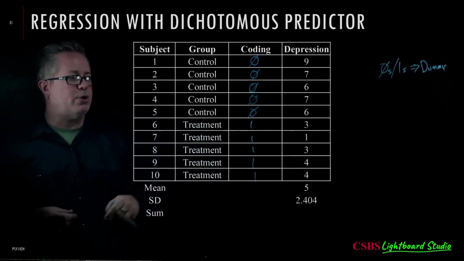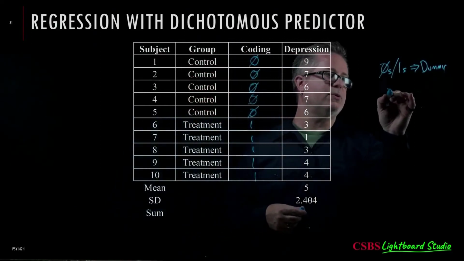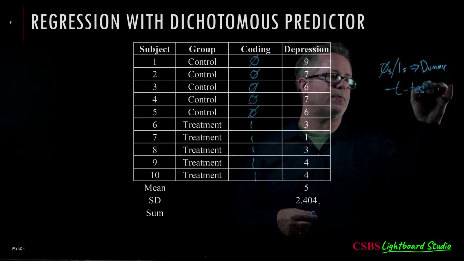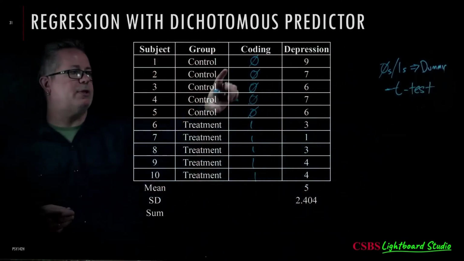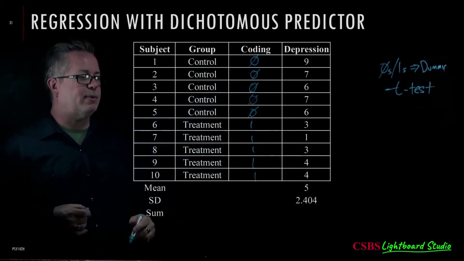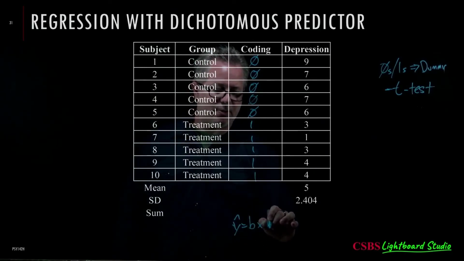What other code could I use with this? By the way, this approach of using dummy code is sort of akin to doing a t-test. It's going to compare this group to this group exactly, because when we figure out y predicted equals whatever the slope is times x plus a, whatever a is.